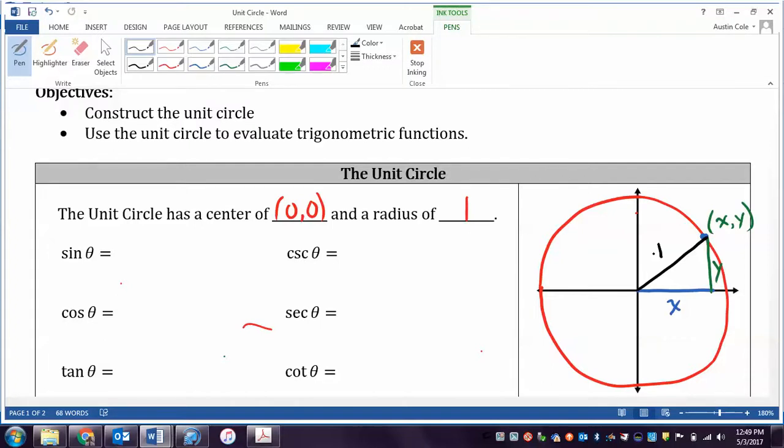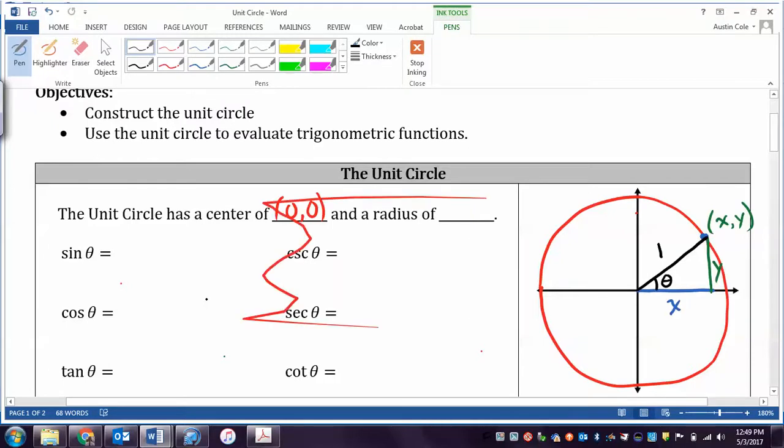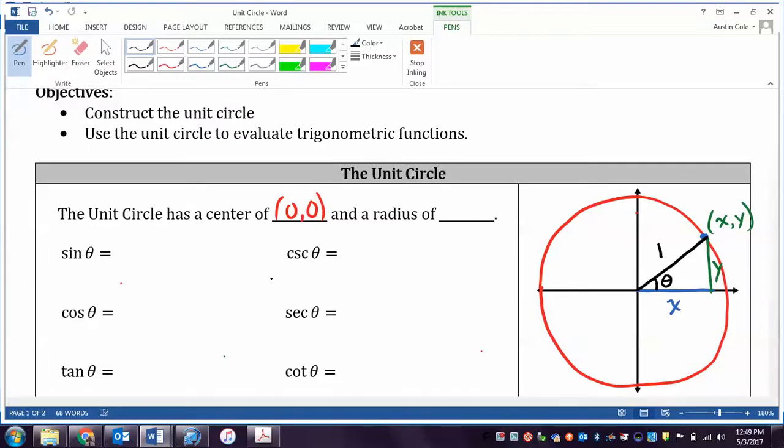All right? So now we're going to start applying sine, cosine, tangent to the unit circle. So if I think about, this is my theta, this is my angle in quadrant 1. If I think about sine, sine is the opposite over the hypotenuse, isn't it? So in this case, it's y over my hypotenuse, which is 1.